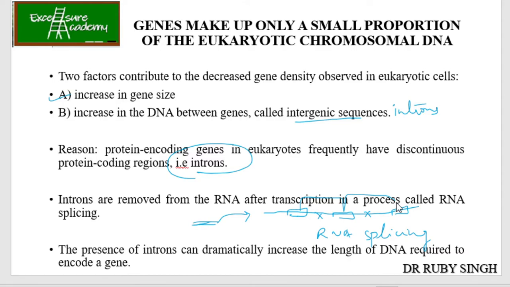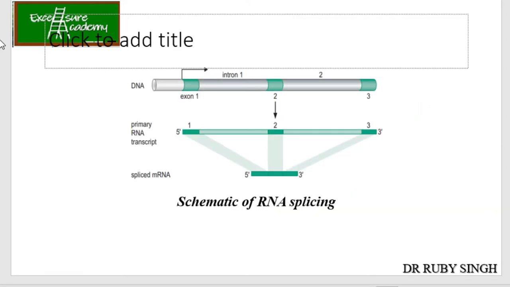This will be clear with this diagram. You can see a DNA portion is given, and in this DNA portion you have exon 1, 2 and 3, and intron 1 and intron 2. Once this DNA gets transcribed, you get your primary mRNA.